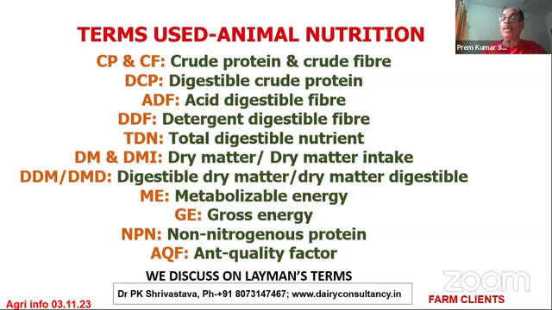ADF is a new concept, acid detergent fiber. This is for the roughage. The roughage is digested in the laboratory to find out how much hard fiber it has. Let us not think of lignin and all those terminologies. Think hard and soft fiber. If it is a hard fiber, it is not going to be digested. If it is a soft fiber, which is digested by the soap solution, the detergent solution, it gets digested in the rumen of the cow.